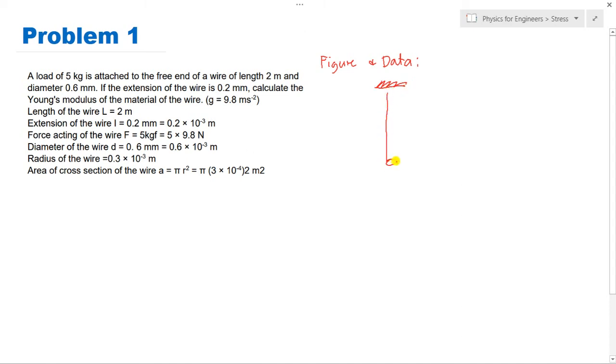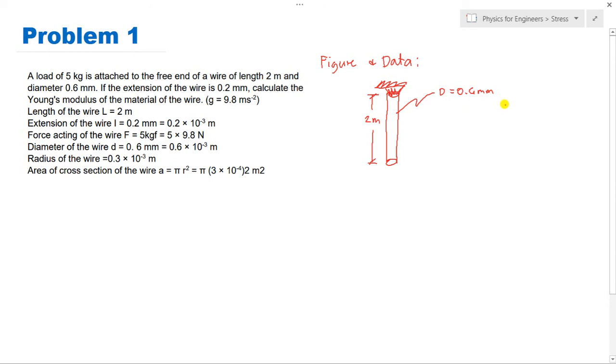Atong i-exaggerate ang wire nga makita na ang cross sectional area. Ang wire is 2 meters, naka-attach sa certain support, and diameter of 0.6 mm. So therefore we have here a diameter D equal to 0.6 mm.